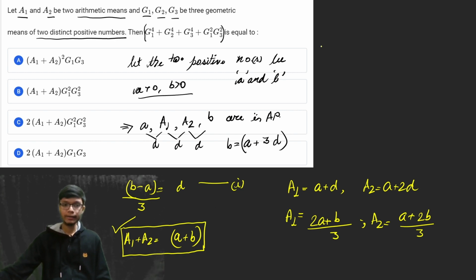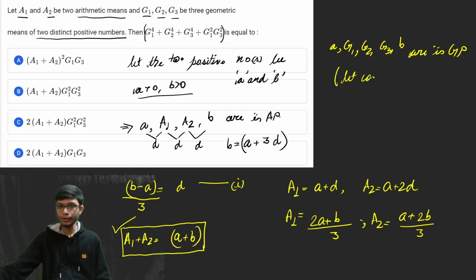Now it is also saying that between a and b, G1, G2 and G3 are in geometric progression, because G1, G2 and G3 are geometric means of the two distinct positive numbers. That means these are in GP. If they are in GP, they need a common ratio, so let us assume the common ratio to be R. What can I write B as?